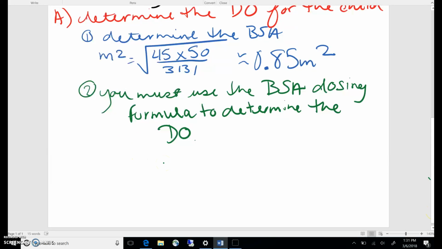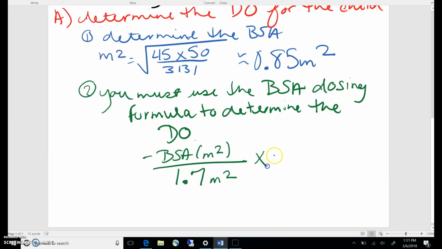This body surface area dosing formula can also be considered an additional pediatric formula. That formula is where you take the body surface area of the patient, in meters squared, over 1.7 meters squared. The 1.7 meters squared is the average adult body surface area, and you multiply that by the adult dose.